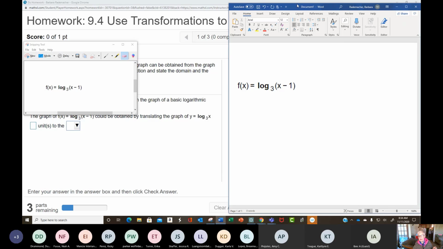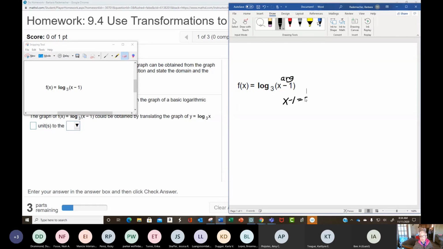Yeah, we're going to keep that guy around. Log base 3 of x minus 1, where this is the argument. All right, therefore the x minus 1 should be set equal to 0, plus 1, plus 1. Negative 1 plus 1 is 0, so we'll have x equals 1. We're going to the right. All right, 1 to the right, that's it.